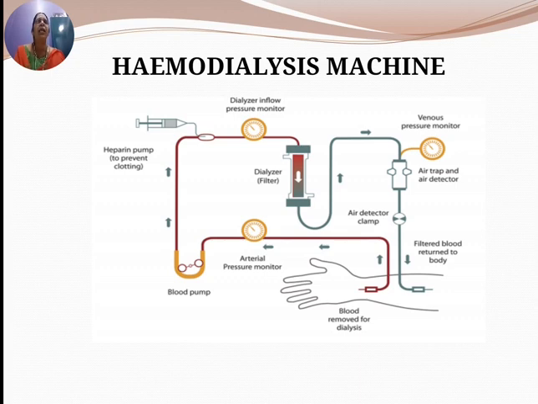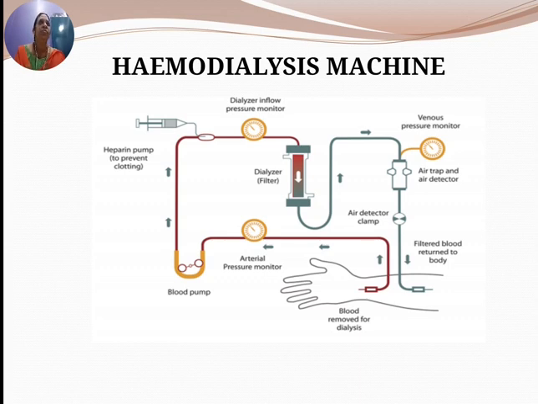So this blood is pumped into the dialyzer. The dialyzer is an artificial filter. It consists of membranes, fibers. So what is happening? The blood containing the unwanted waste material is filtered through these membranes by the process of diffusion and ultrafiltration, and pure blood is returned after filtration into the body through the vein.